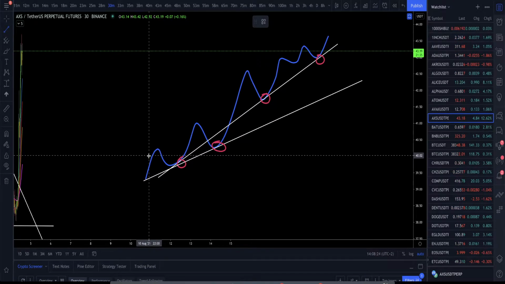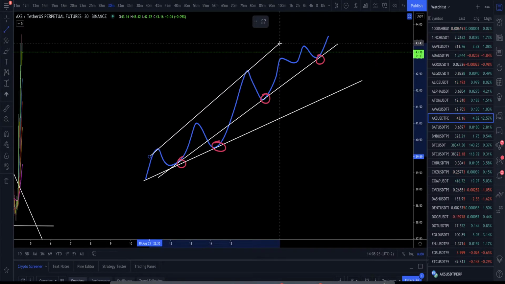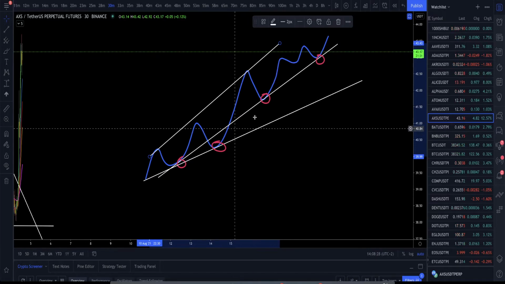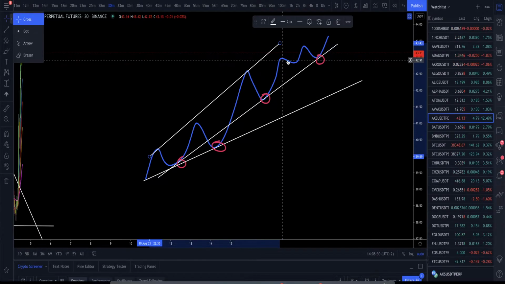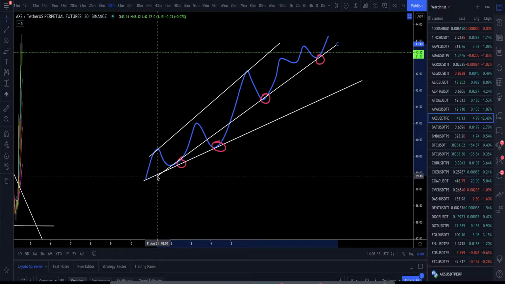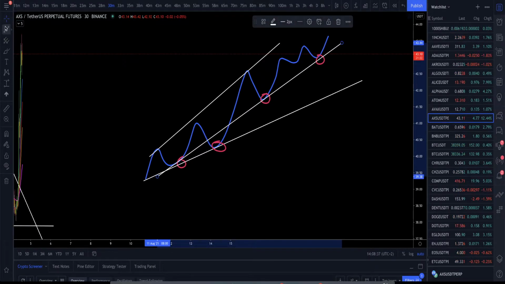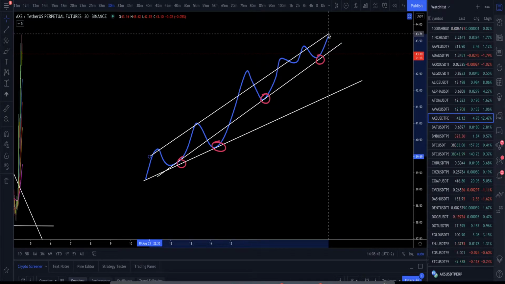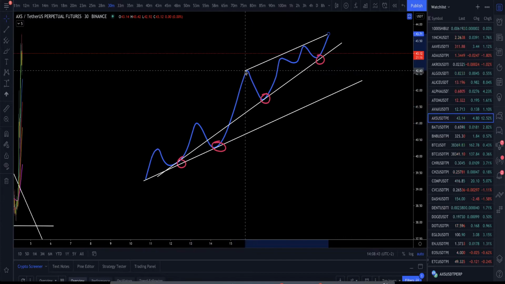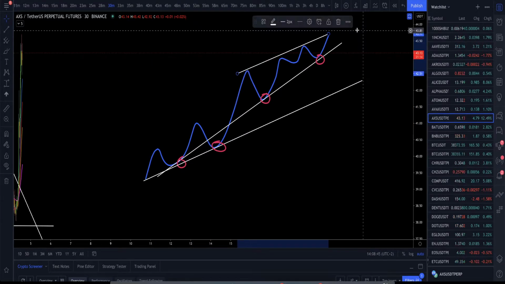You can see it here. You can use it as a reversed triangle, as I already told, a reversed wedge or reversed triangle, whatever you call it. You can also use it as a rising wedge.